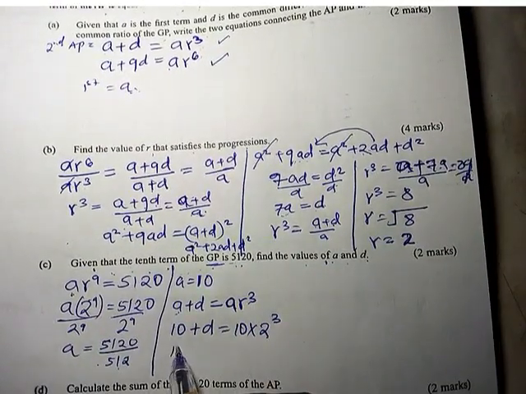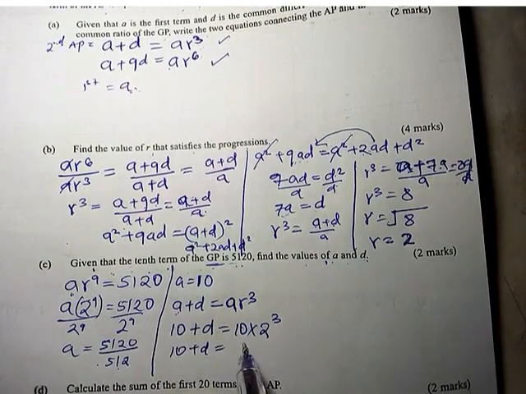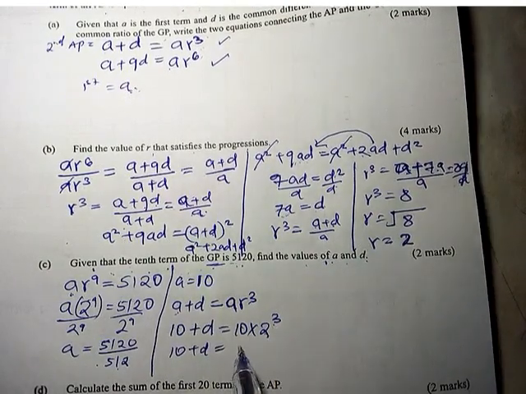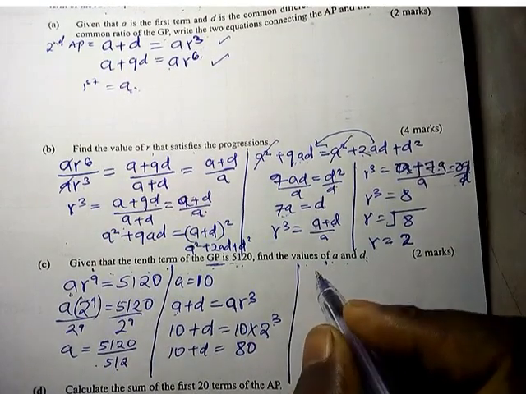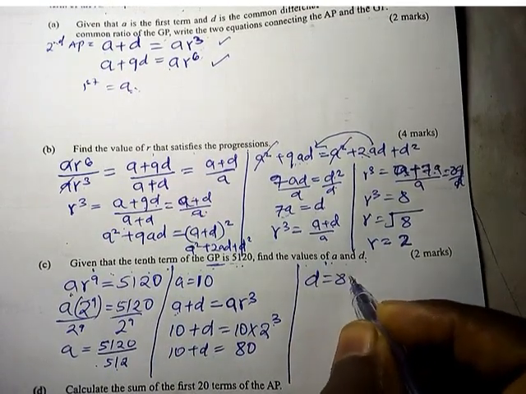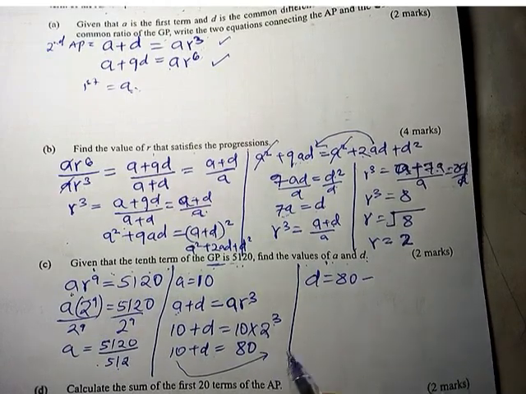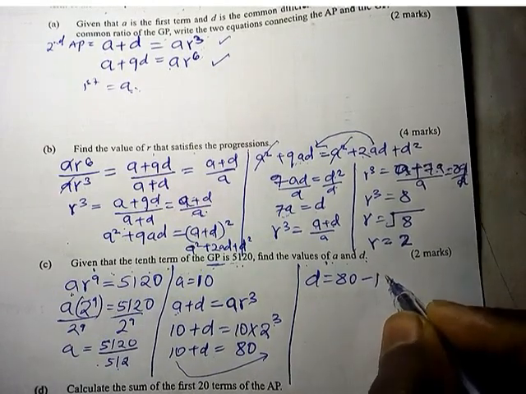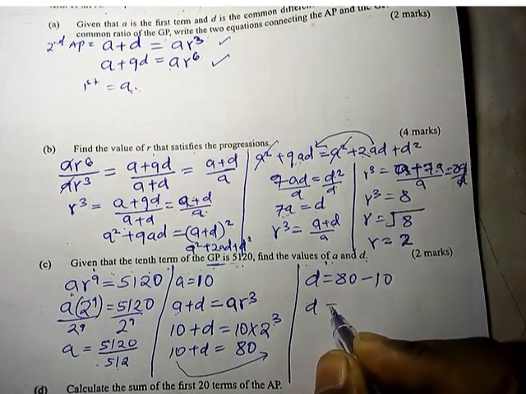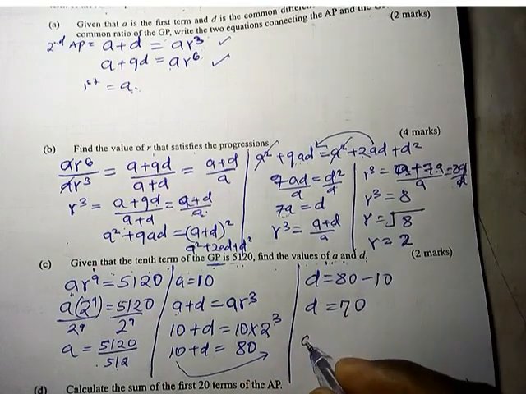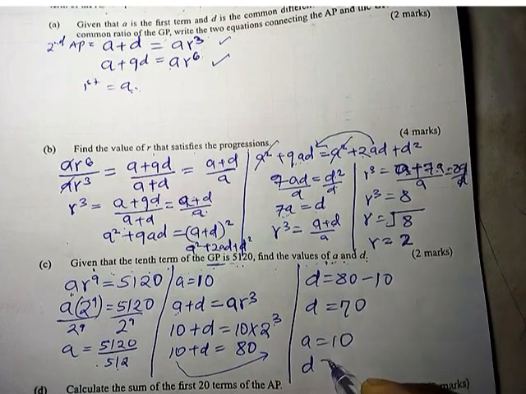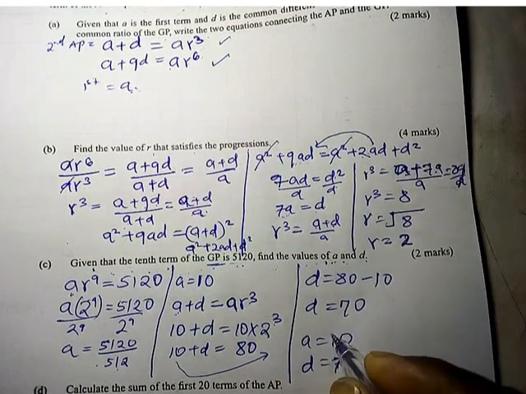So 10 plus D is equal to 80. So D is equal to 80 minus 10. D is equal to 70. So we were looking for the values of A and D. A is equal to 10, D is equal to 70.